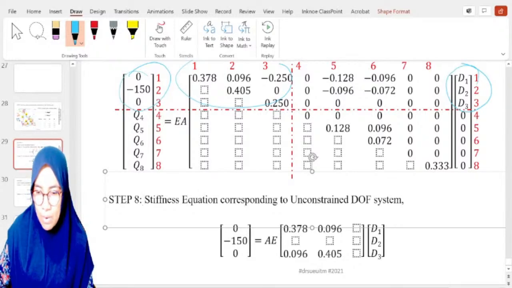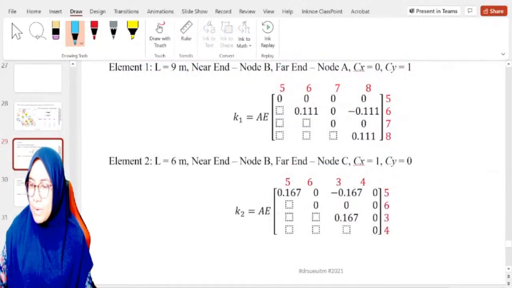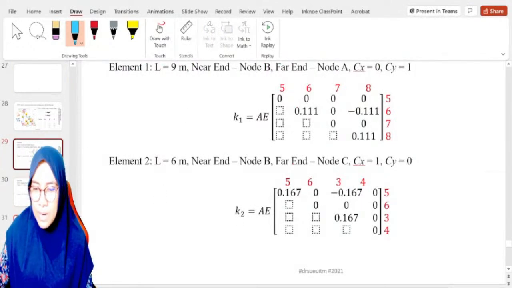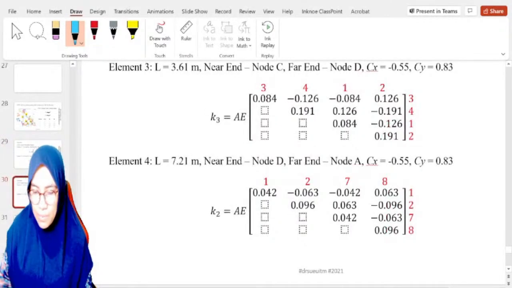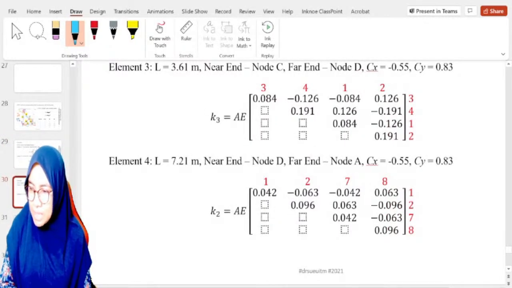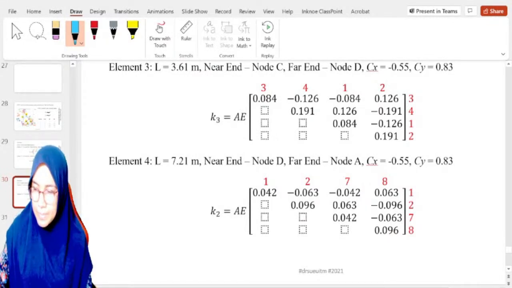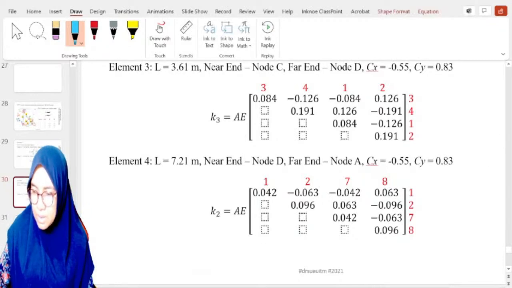So let's do it now. For 1 1, there's no 1 1 from K1 and K2. We have 1 1 here from K3. It is 0.084. This is K4.